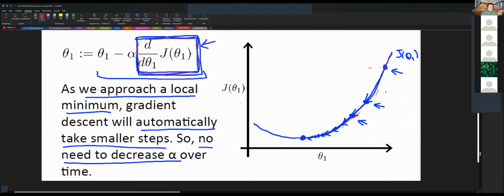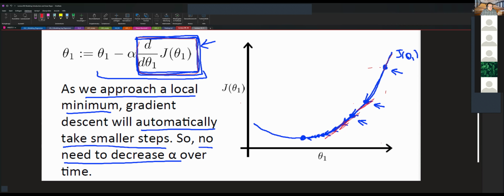As we approach a local minimum, gradient descent will automatically slow down, which makes sense, because the slopes are bigger here and automatically get smaller here. As you can see, the slopes are getting smaller and so the steps are getting smaller. It automatically takes care of that.